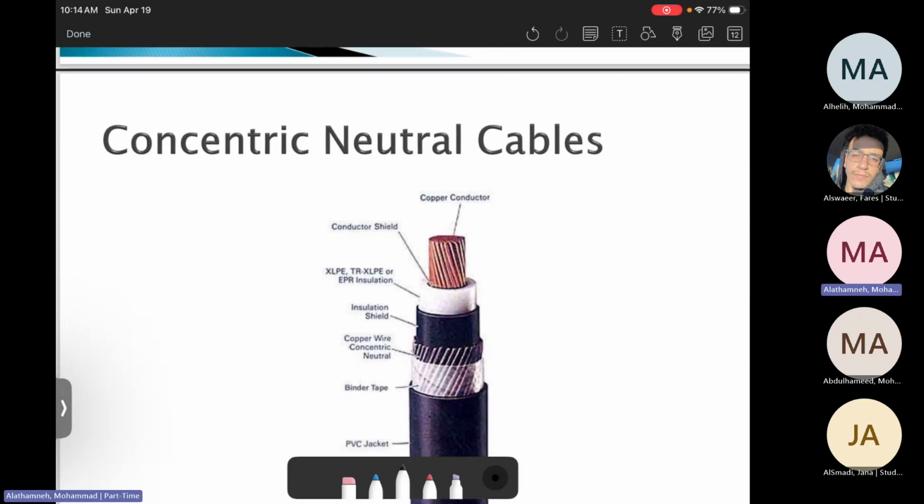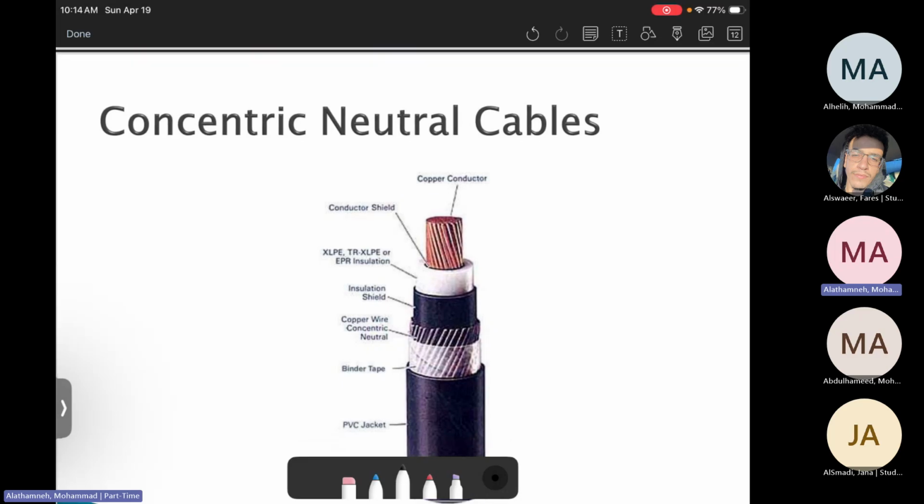This is a conductor that has insulation, either XLPE or EPR, or the other thing, which is TRXLPE, which is basically neutral wires that are wrapped concentrically. And the function of this is to be used as a neutral.